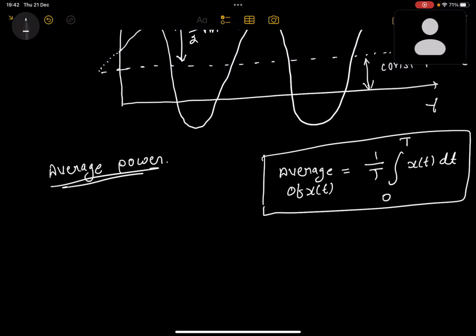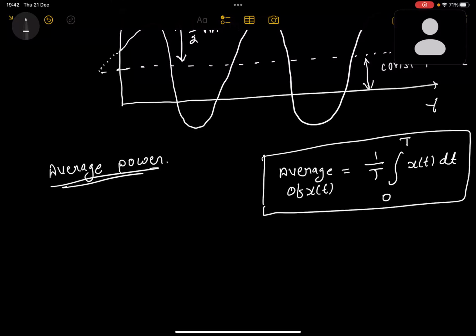So we find the average power, that is P. P is 1 by T integral from 0 to T of p(t) dt.